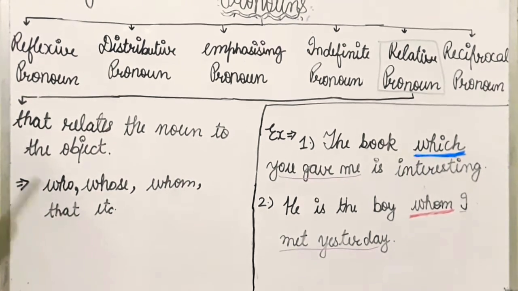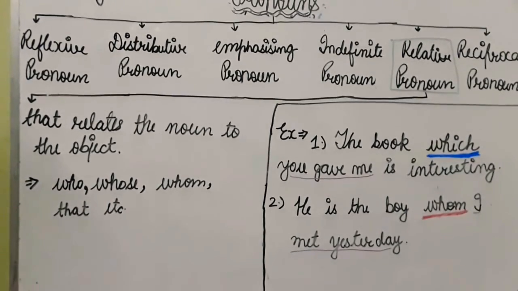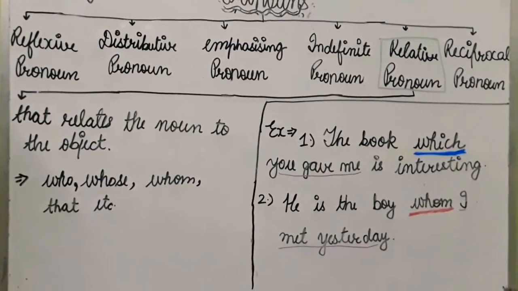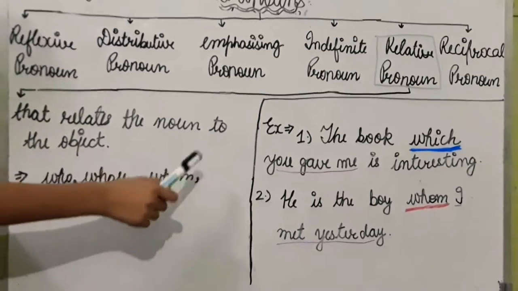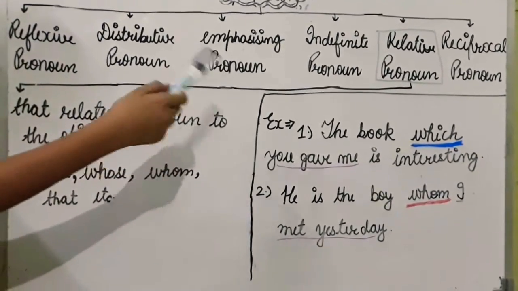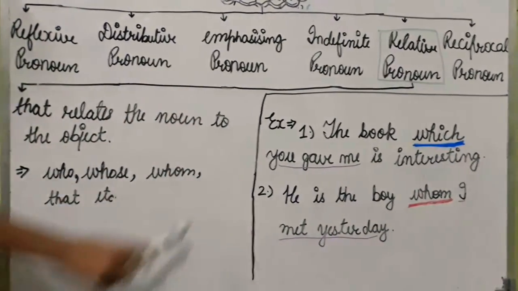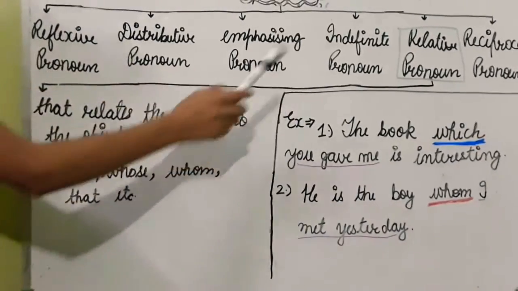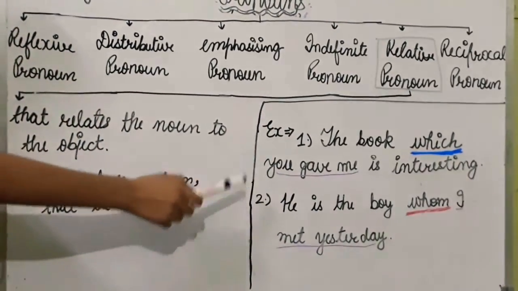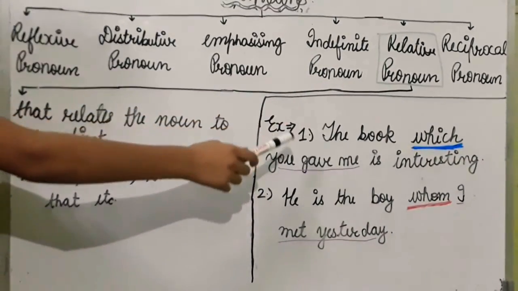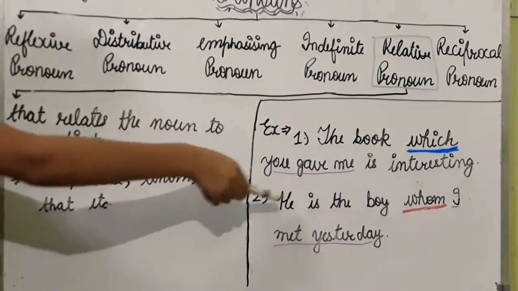And now the examples of relative pronouns in a sentence. So first one is, the book which you gave me is interesting. So here the word which is relating the book and the words you gave me. Here which is telling that the book, which book, that you gave me.